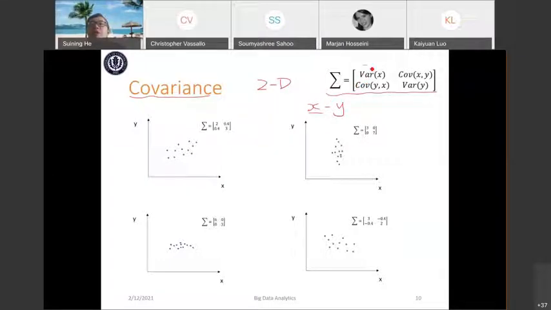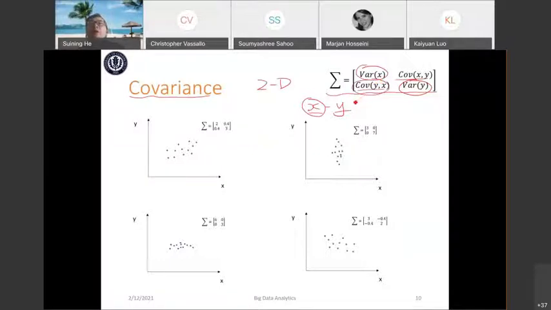That is, we have the variance of x, the variance along the x-axis, and the variance of y, the variance along the y-axis. And we can also calculate the covariance between x and y. So x and y will be placed here, and we get the covariance of the entire data set. I will show you how we can calculate the covariance later with a simple example.